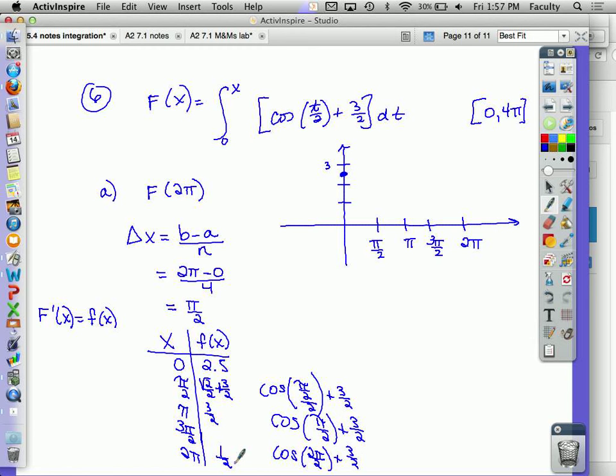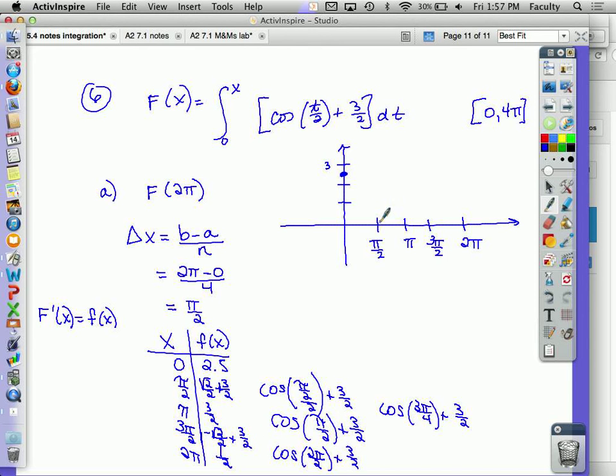So let's figure out the cosine. 3 pi over 2 over 2 is 3 pi over 4, which is negative radical 2 over 2 plus 3 halves. Alright, so let's just do our best to estimate this.